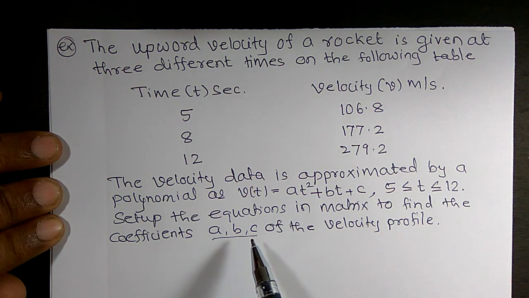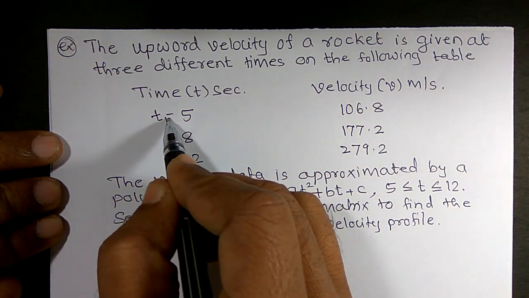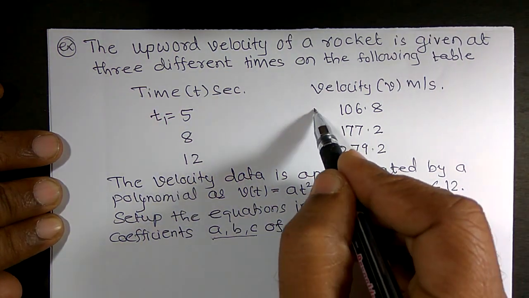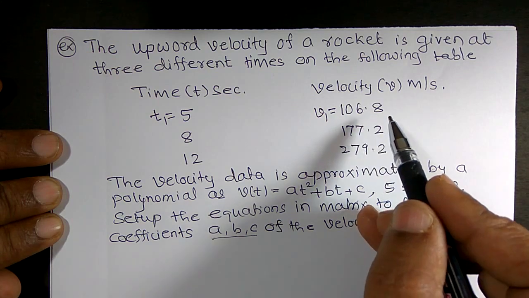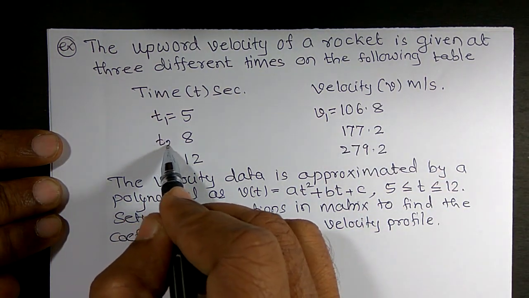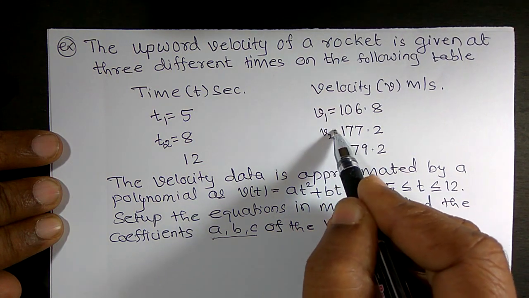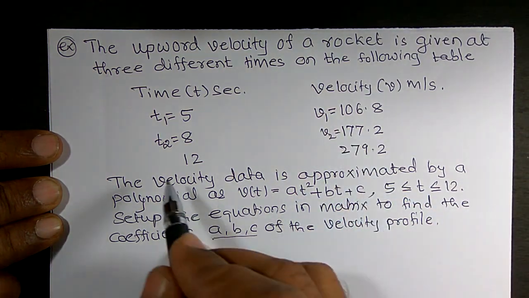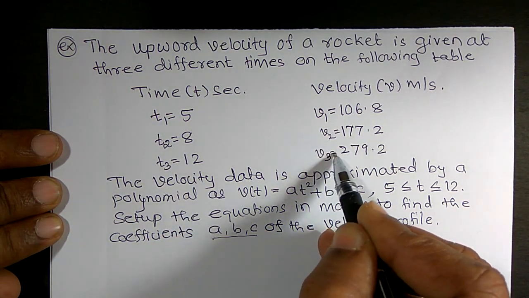Okay. Now what are the given things? Say for example, at time t1 equal to 5 seconds, what is the corresponding velocity? It is denoted by v1, 106.8. At t2 equal to 8 seconds, what is the corresponding velocity? 177.2. At time t3 equal to 12, v3 is 279.2.